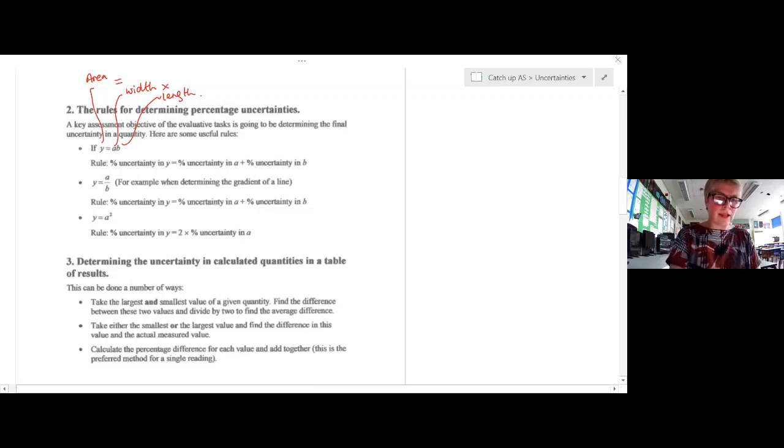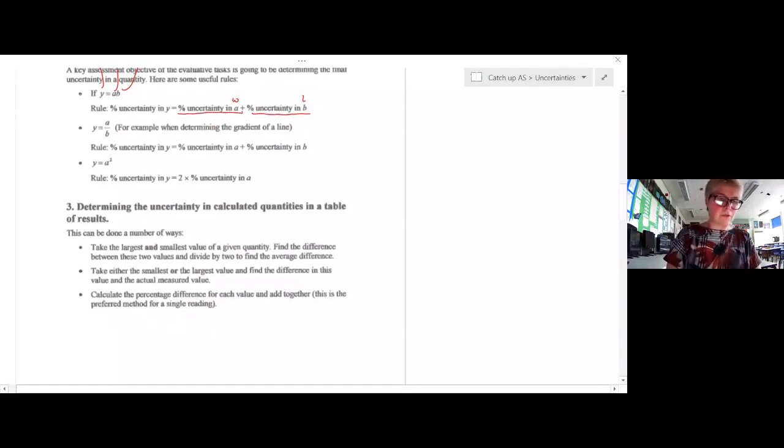What I do is I get my percentage uncertainty in the width, I get my percentage uncertainty in the length, and I add them up together to get the percentage uncertainty in the area. Okay, so when you're using the width once, you have 1 percentage uncertainty. When you're using the length once, you have 1 percentage uncertainty. And all you're going to do then to get the percentage uncertainty in the area is add the 2 up.